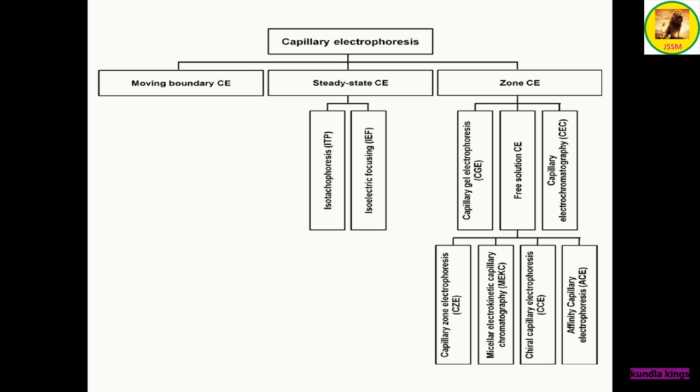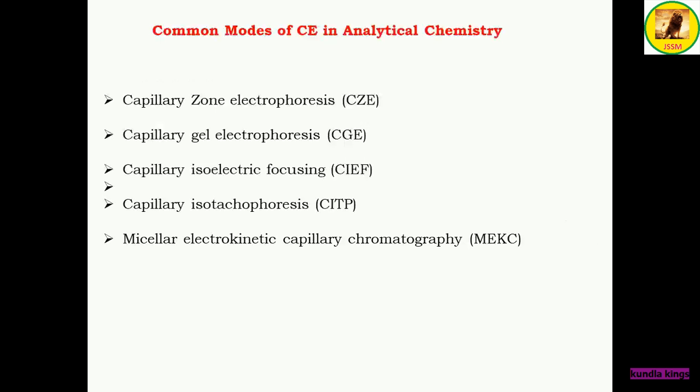Free solution capillary electrophoresis consists of capillary zone electrophoresis, chiral capillary electrophoresis, affinity capillary electrophoresis, and micellar electrokinetic capillary chromatography. Common modes of capillary electrophoresis in analytical chemistry are capillary zone, capillary gel, capillary isoelectric focusing, capillary isotachophoresis, and micellar electrokinetic capillary chromatography.